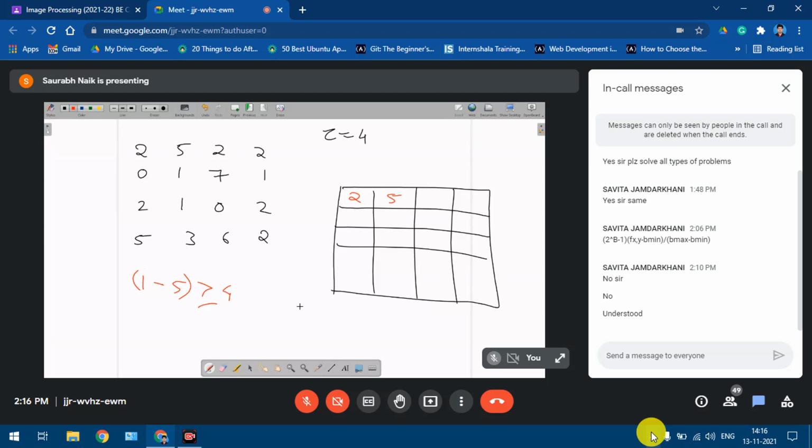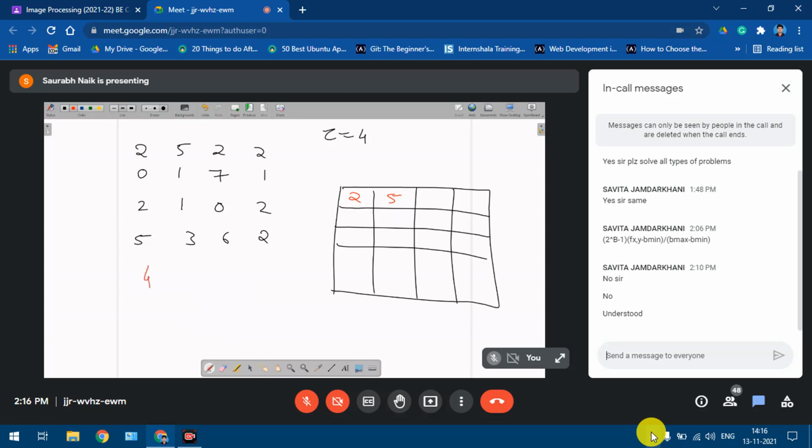At 0, comma 2, you would basically have the average of 5, 7, and 2. So that's 14 divided by 4, which will come to 3.5.